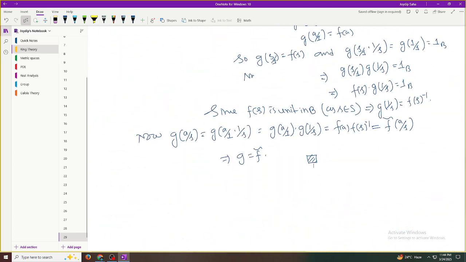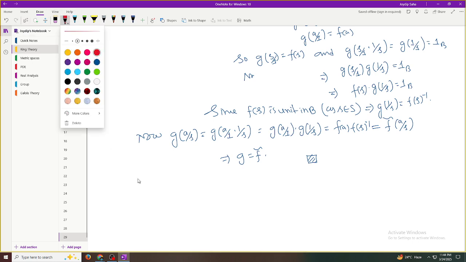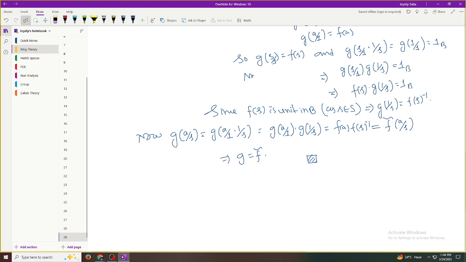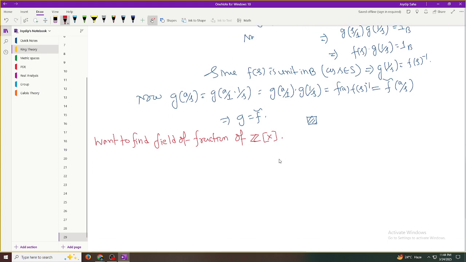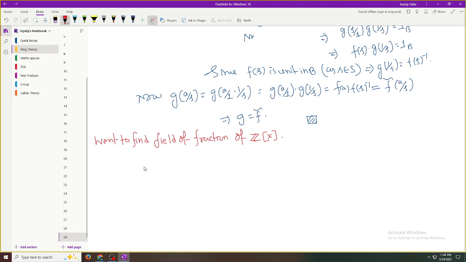For example, suppose I want to find the field of fraction of Z[x]. So you are guessing that it is Q(x). So claim.